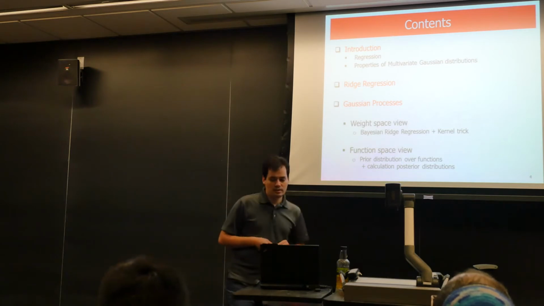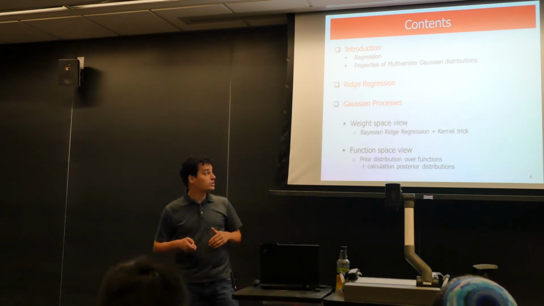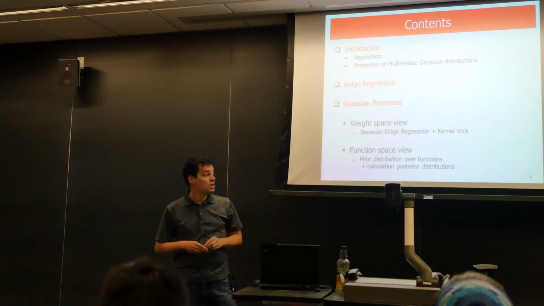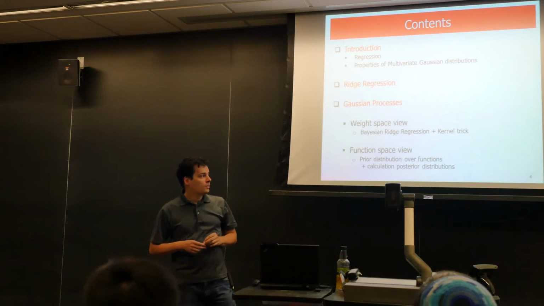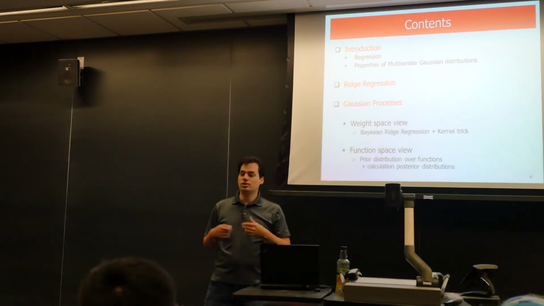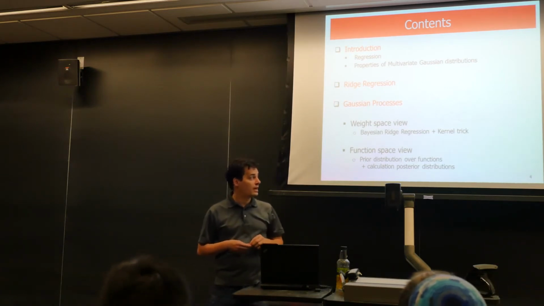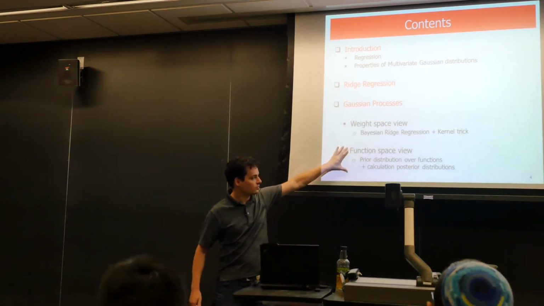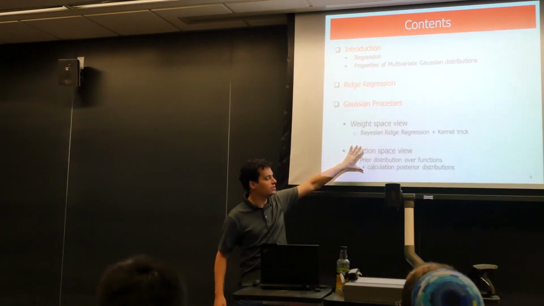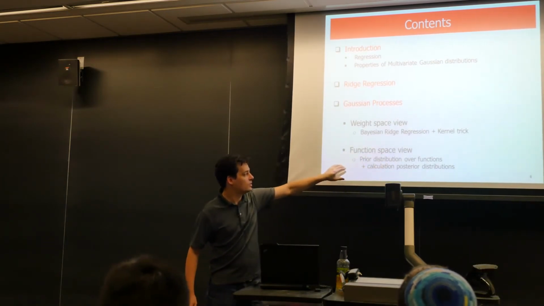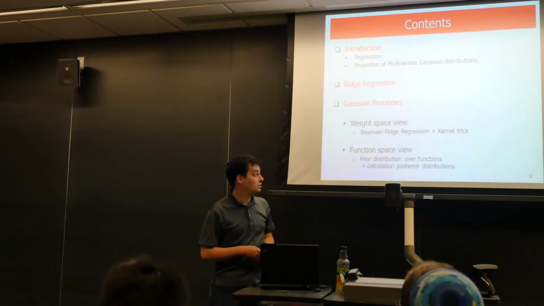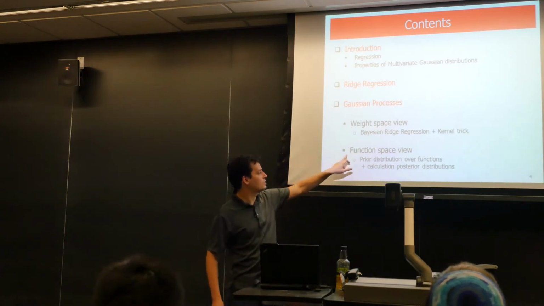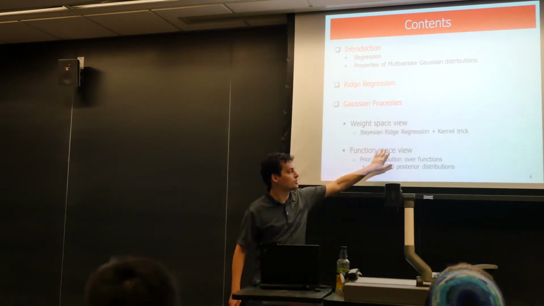There will be 2 different ways to introduce Gaussian processes for regression. One of them is the so-called weight space view, which is nothing else, just the Bayesian ridge regression plus kernel trick. So it's a kernelized Bayesian ridge regression. That's what we are going to discuss. And in the slides and in the book, you can see another way of introducing Gaussian processes, which is the so-called function space view.